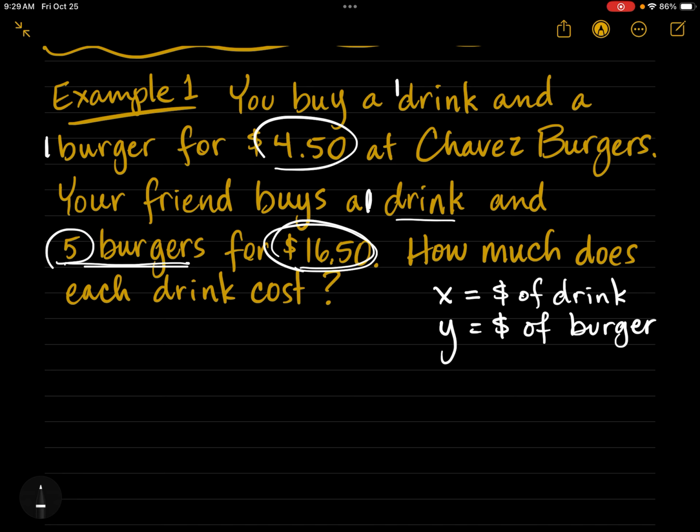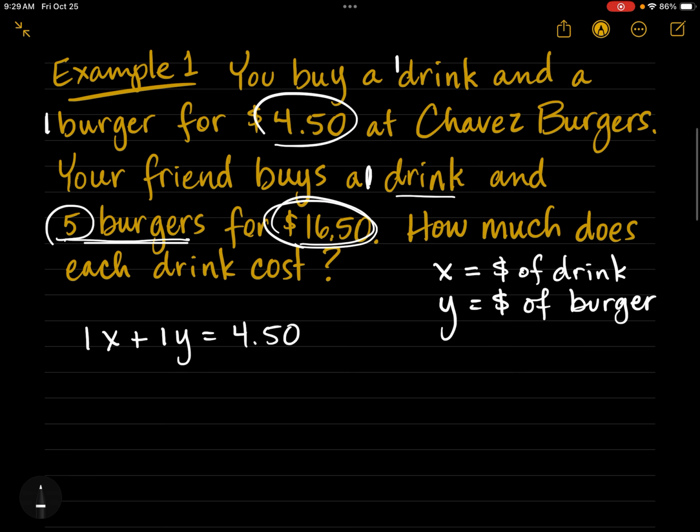So for your order, 1x plus 1y equals $4.50. Notice I don't need the ones, but I kind of like them there. Now your friend's equation would be 1 drink, because drink is X, and 5 burgers, burgers are Y, equals $16.50.